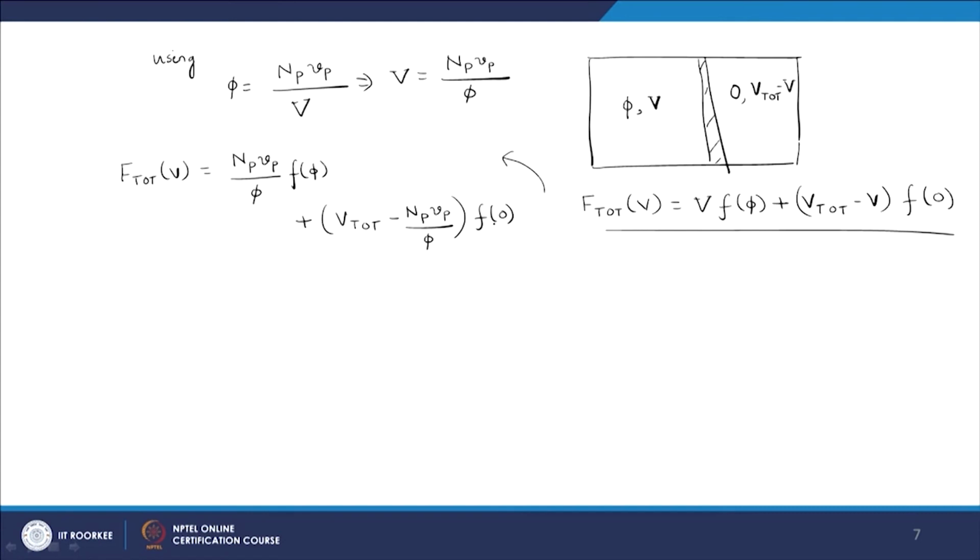okay. So, now we know that pi is minus dou f dot by dou V. So, I have already replaced capital V by phi.